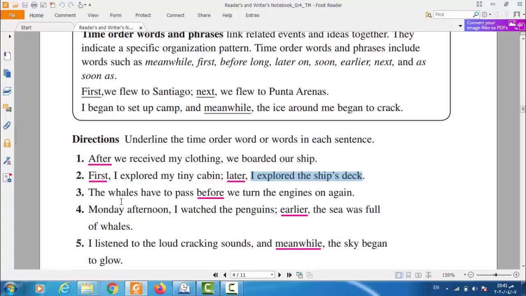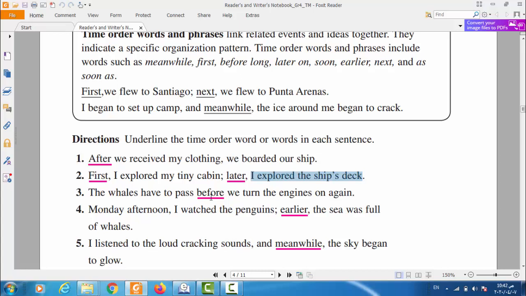Number 3: The whales have to pass before we turn the engines on again. I have here two actions. Before I do this one, I have to do this one first. So before we turn the engines on, we have to let the whales pass. The word before showed you the order of events in the story.